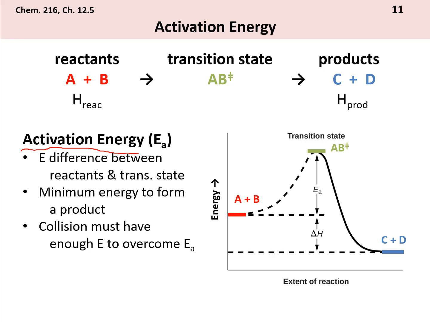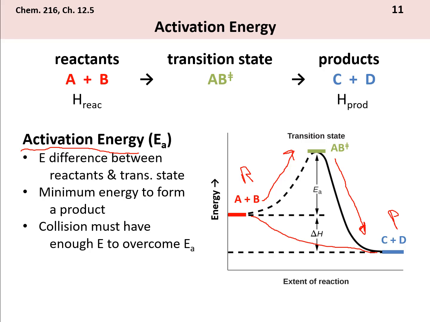And now, here's the thing. In order to go from reactants to products, what has to happen? It needs to have enough energy to get to that transition state before it comes down, right? It's kind of like if I'm somewhere and there's a hill going down, I could go from A plus B to C plus D just by coasting, right?